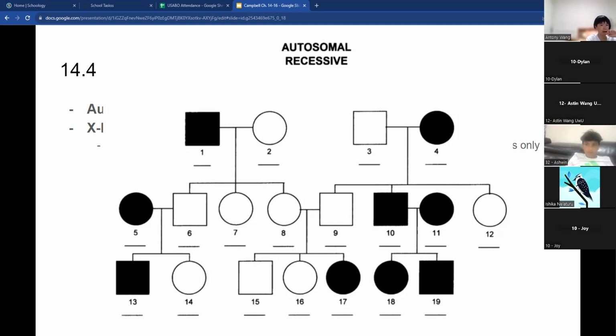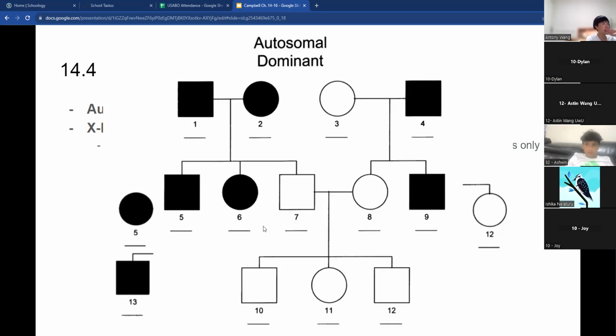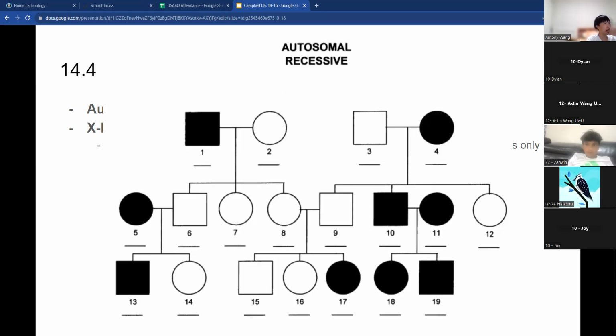Autosomal dominant. It's the same thing for this. Shaded in is affected, unshaded is unaffected. One thing I want to point out is that in the autosomal recessive, there are a lot more unaffected individuals in the second generation, the F1 generation.